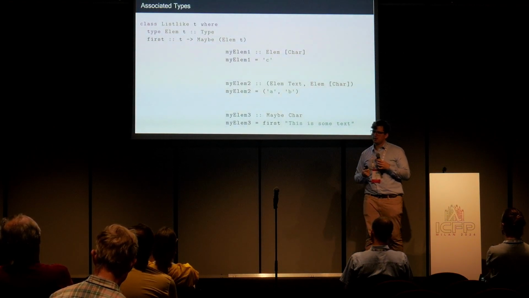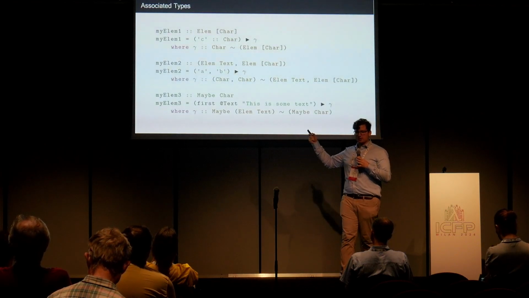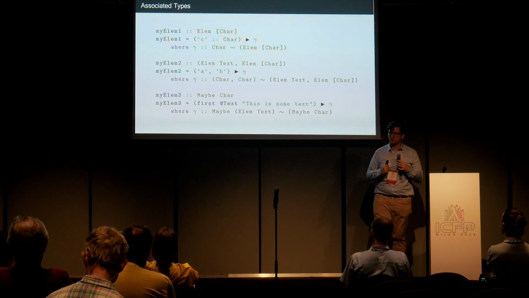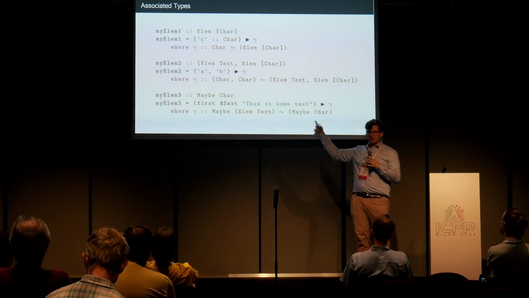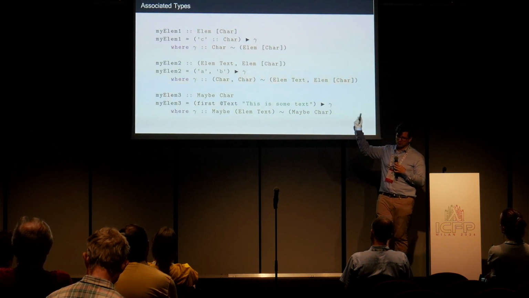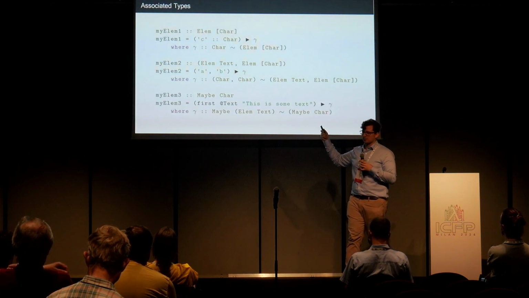So in SystemFC, this is the code that gets generated when Haskell type checks, or I guess infers arguments to your functions. In this example, I'm omitting the definitions of all the coercions gamma, and I'm just focusing on the kinds of those expressions.